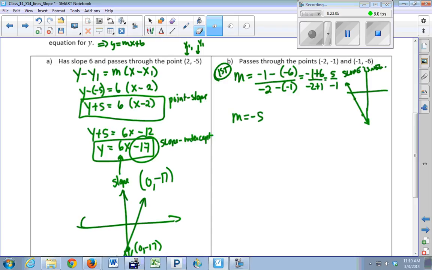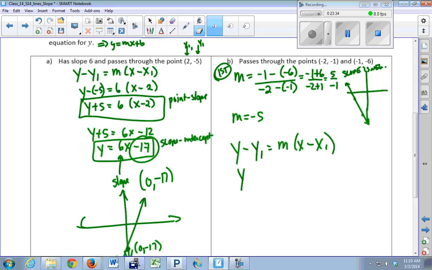Now I can turn this question into a question just like this: find the equation of a line that has a slope of -5 and passes through, well, now you have your choice, this point or the other point. As long as I know my slope and a point, I can use my point-slope form. It's really up to you which point you use. In the end, you'll get exactly the same equation.